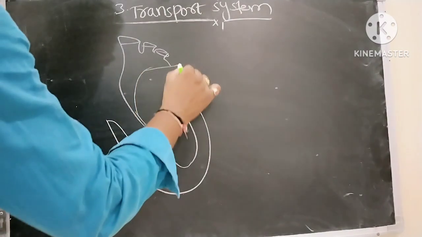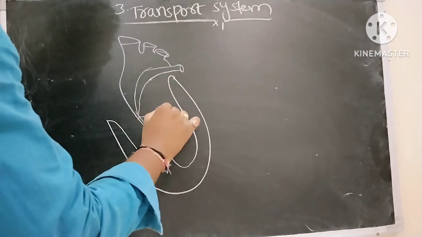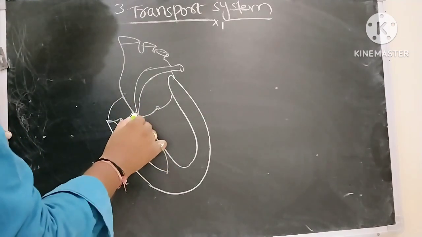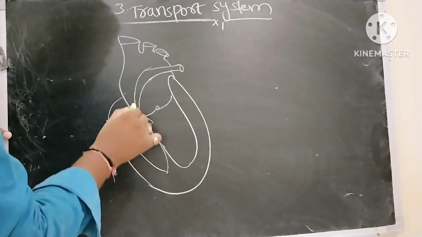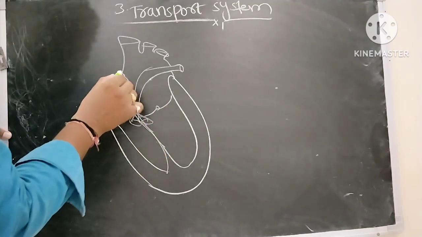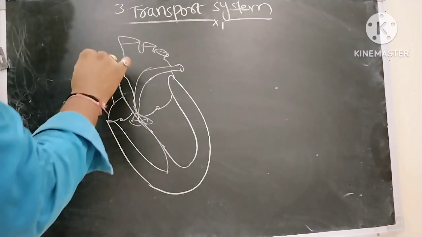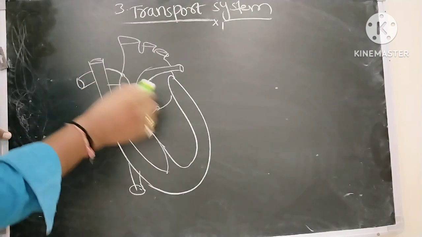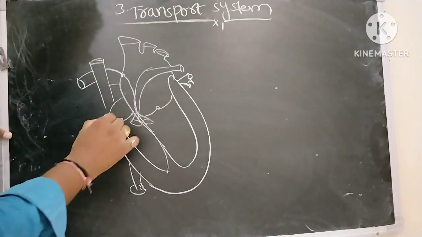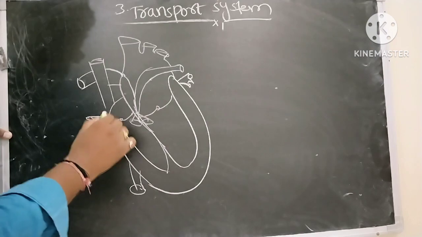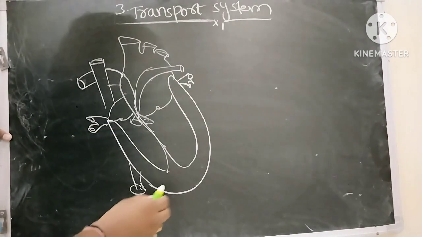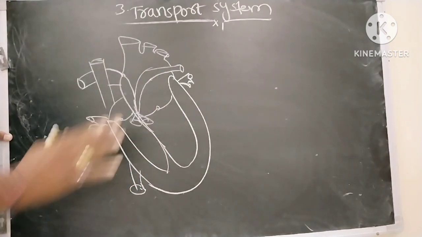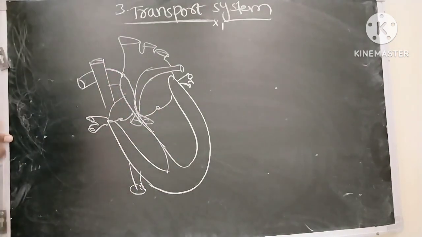The upper 2 chambers are called auricles and the lower 2 chambers are called ventricles. And these two are the pulmonary veins. First, imagine the heart is in a relaxed position, meaning it is not doing any work.